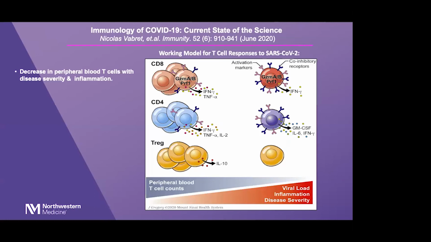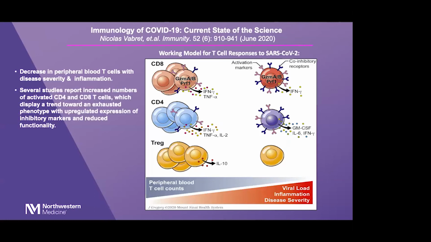Last week, I performed a literature search on cellular immune responses to COVID-19 and found just 5 papers. And this particular one is a review paper which was published last month in Immunity. And it showed that there is a decrease in the peripheral blood T cells with disease severity and inflammation.